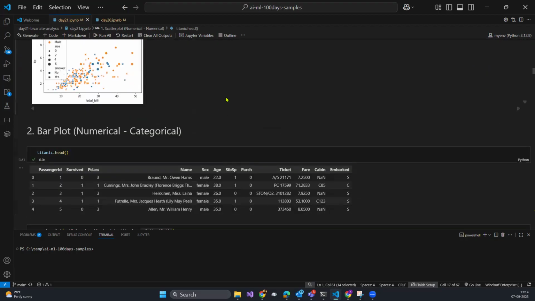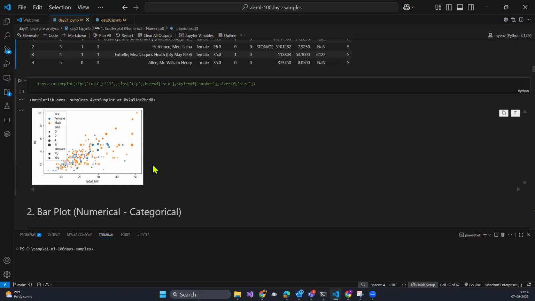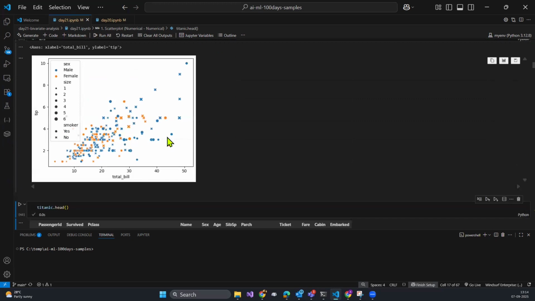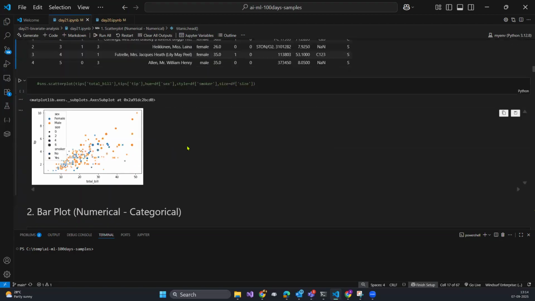Okay, we'll use it in the next one, the bar plot. Why can't we use it here? A scatter plot is mostly used with numerical type of data, right? Wherever we have more numerical data, it's good to use a scatter plot.